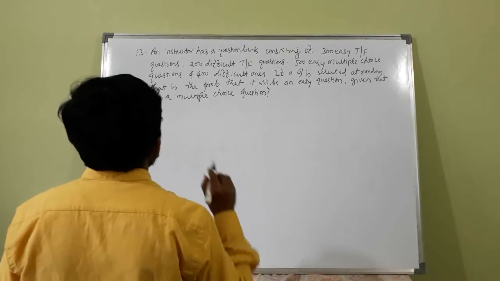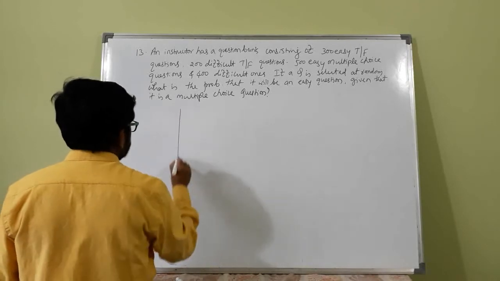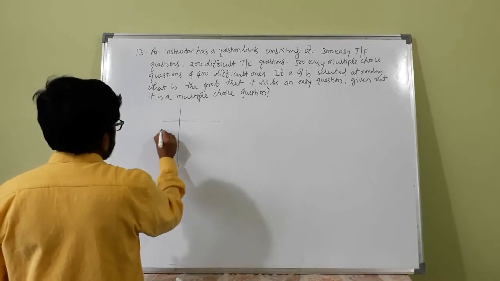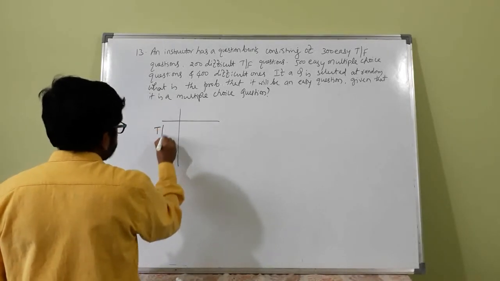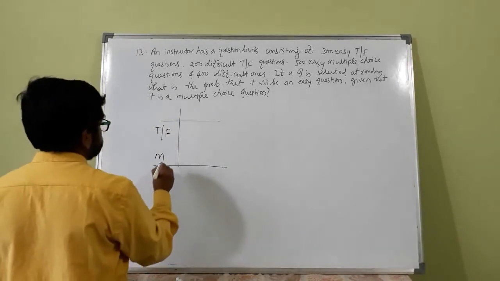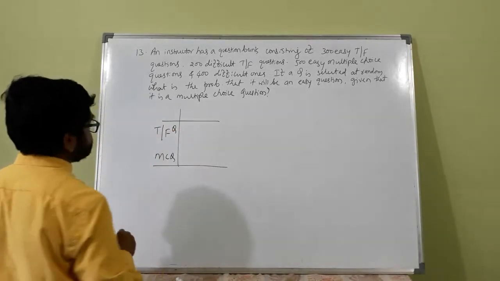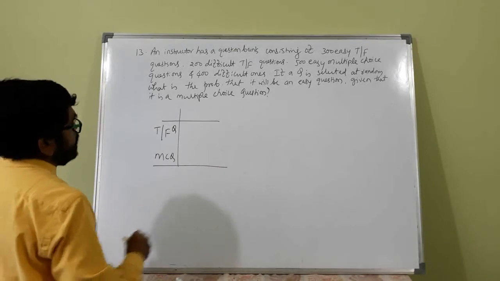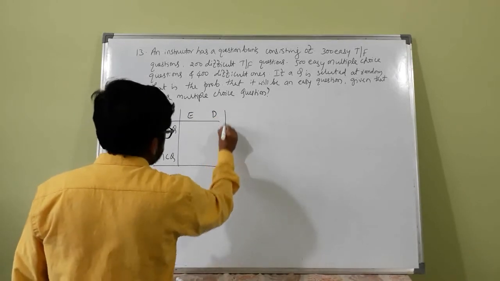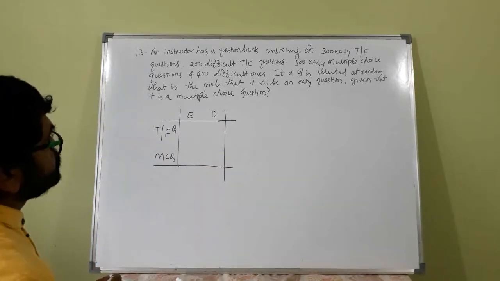Now let us tabulate. The table of the content can be written as, this is true false question, multiple choice question, MCQ. See, easy and difficult, only two types. It is classified into two types only.